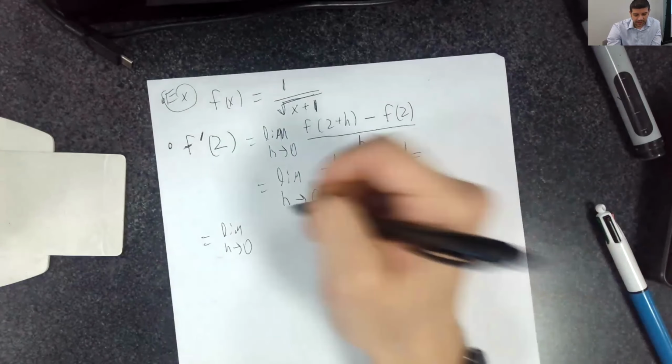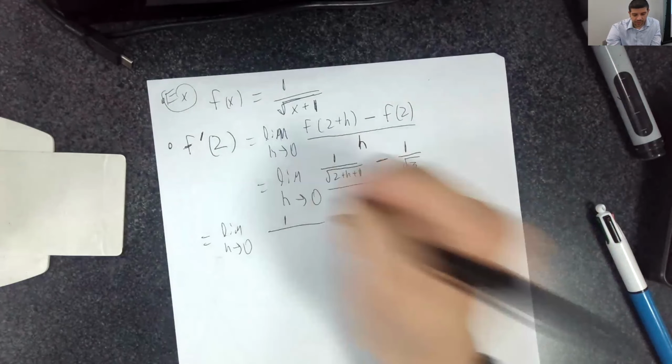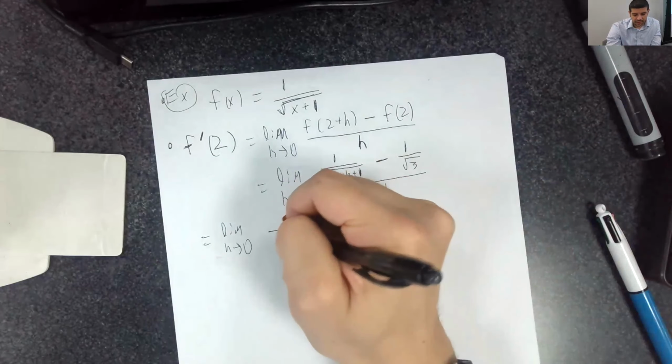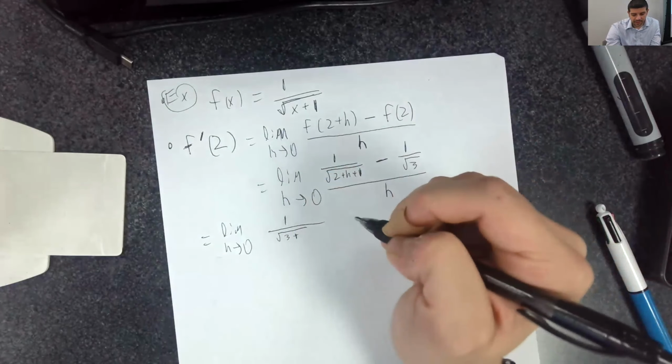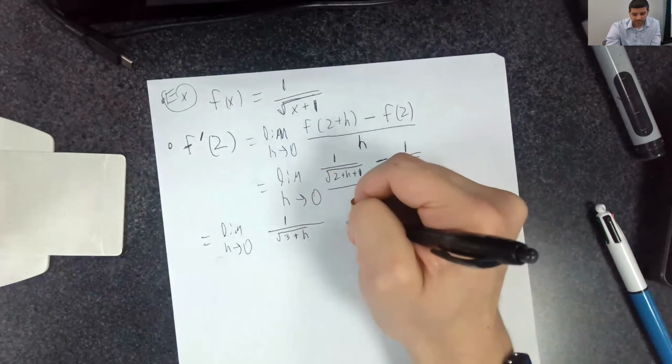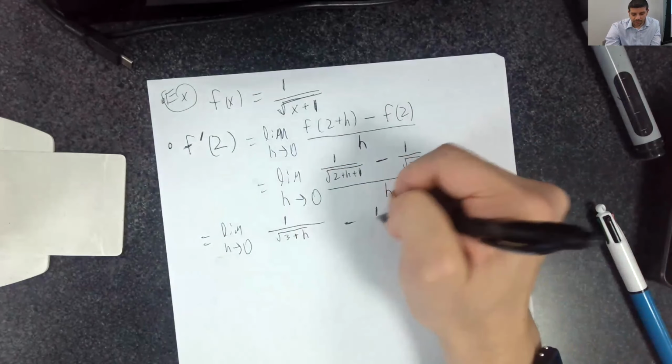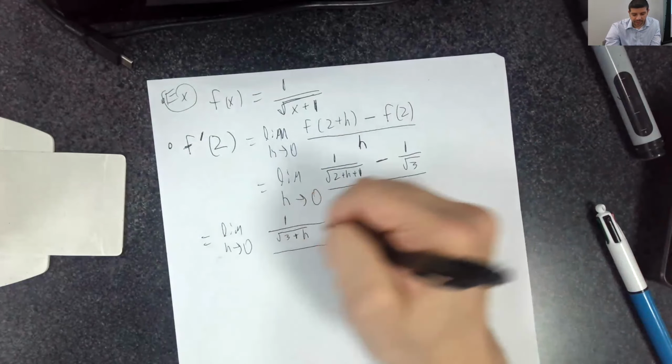Okay, so I'll even write it as 1 over radical 3 plus h minus 1 over radical 3, divided by h.